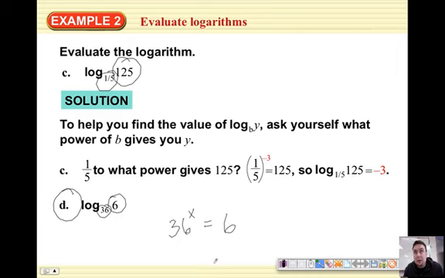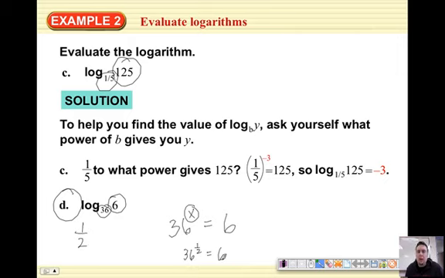You remember the last chapter? What if that power could be a fraction? 36 to what power gives you 6? 1/2. 36 to the 1/2 means root 36. Root 36 is 6. So 36 to the 1/2 power, which is the square root of 36, equals 6. So really this answer is 1/2.